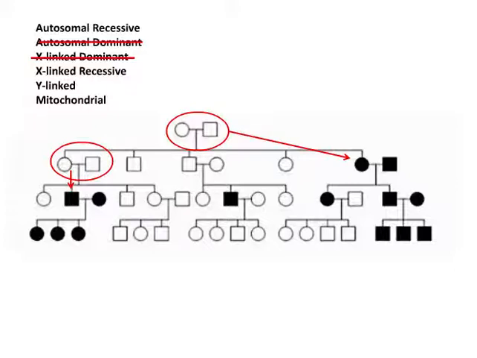Now we just need to determine if it's autosomal recessive or X-linked recessive. To do this, we ask, are females and males affected equally? Here we see we have 7 females and 7 males with the condition, so it's likely to be autosomal recessive.